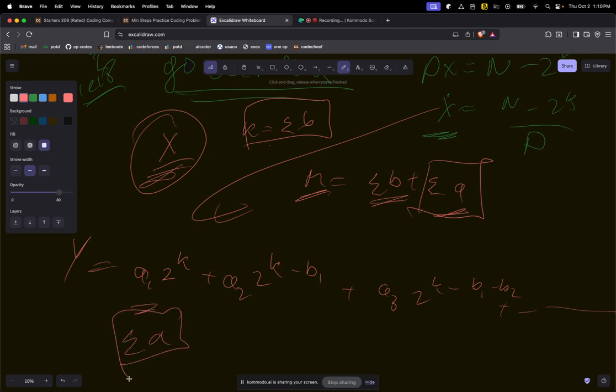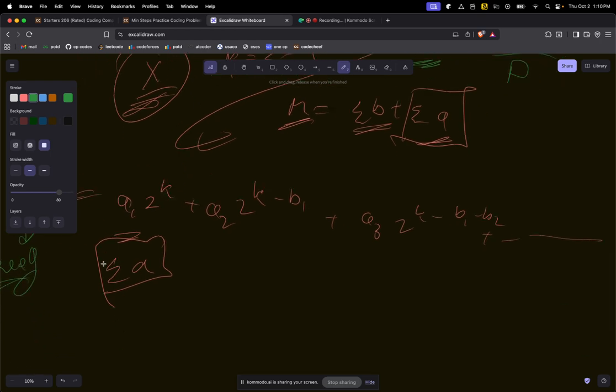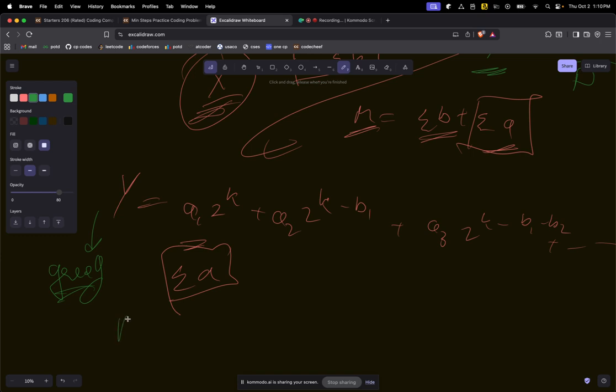How do you do this? If I know k and I know my y, this is a greedy solution. What's greedy here is that you should pick as many 2 raised to the power k, then as many 2 raised to the power k minus 1, and so on.